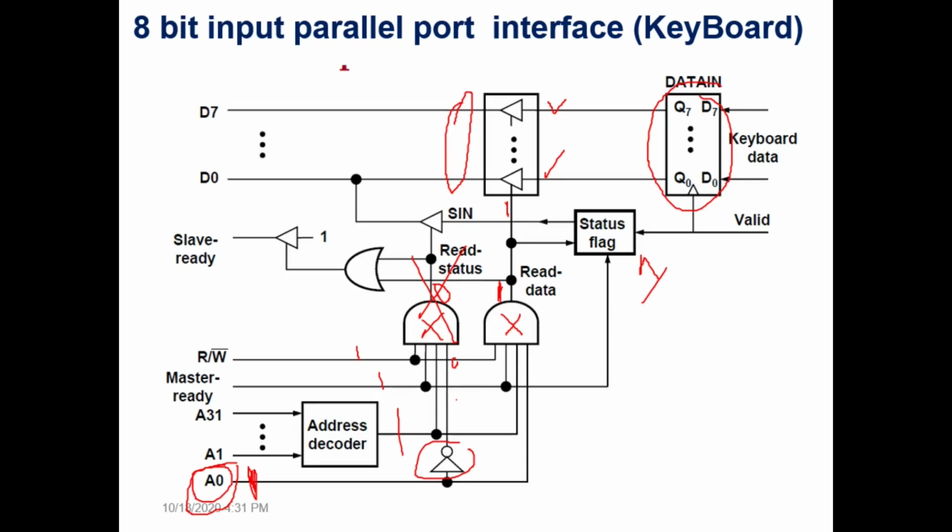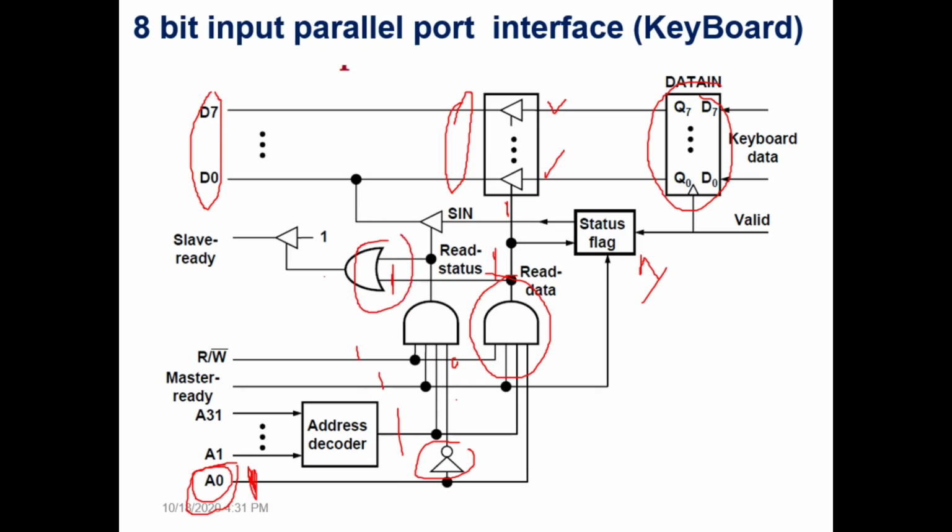So the data is available to the processor on the bus, but processor does not know that data is available on the bus. Now parallelly here you can see when the output of this AND gate is 1, that output is also fed to this OR gate here.